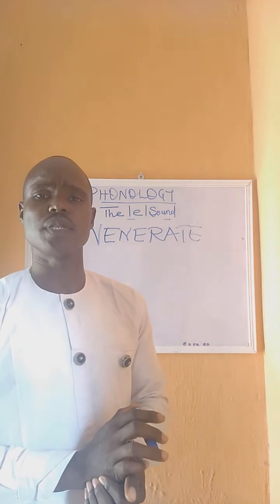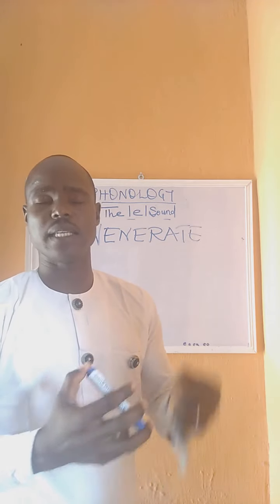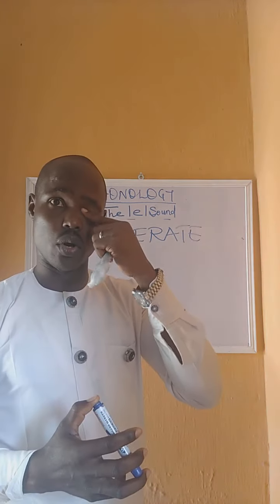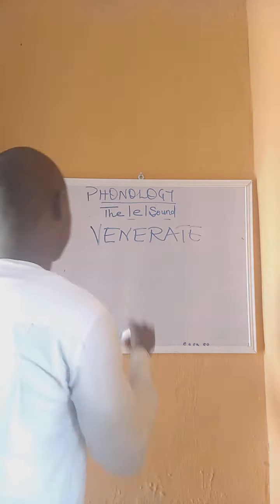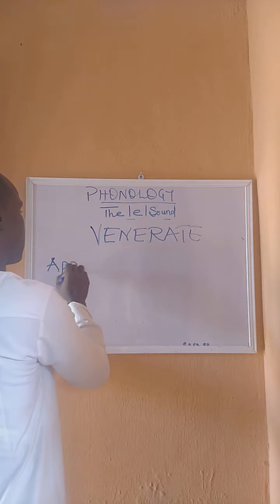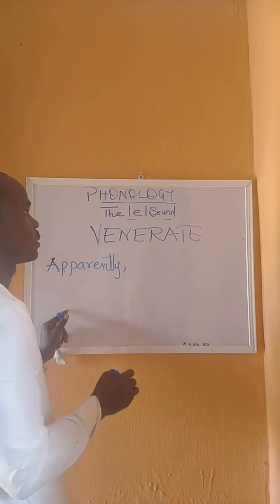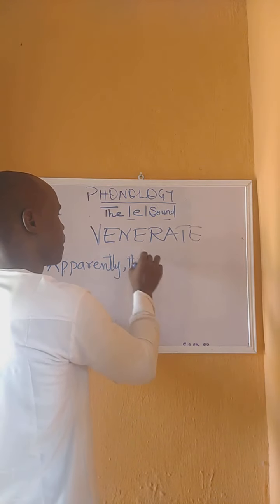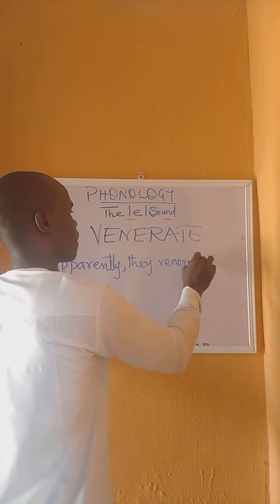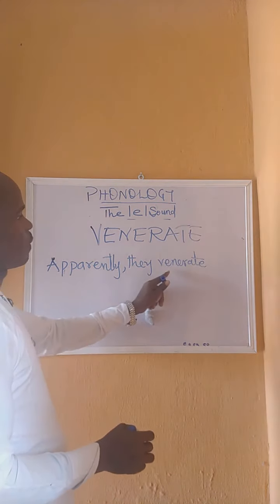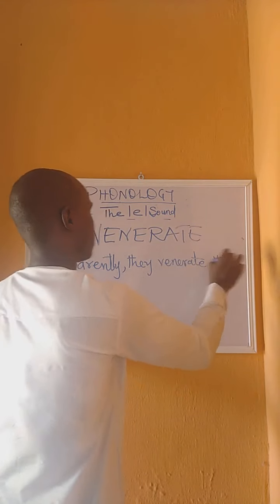Now, how can we use it in a sentence? Of course, that word is a verb. So let's say, apparently, they venerate their God.